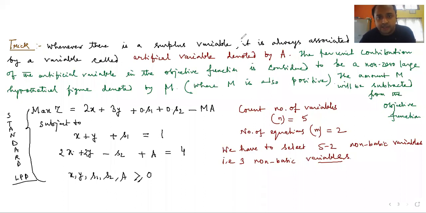The convention is that to choose the non-basic variables, start with the original ones. So let us first put x to be 0 and y to be 0. That is the convention. Now, out of 3 variables, 2 non-basic variables with 0 value have been selected. 1 variable is still remaining.